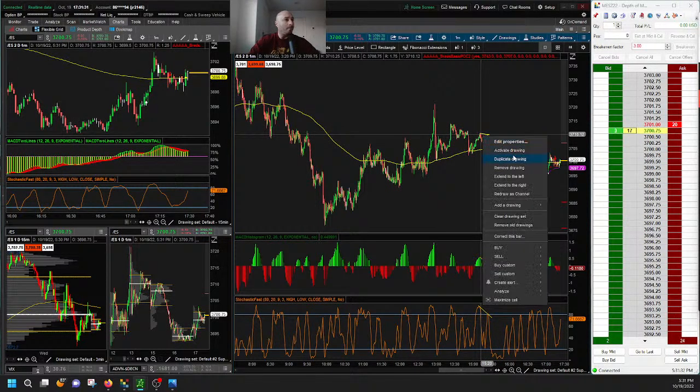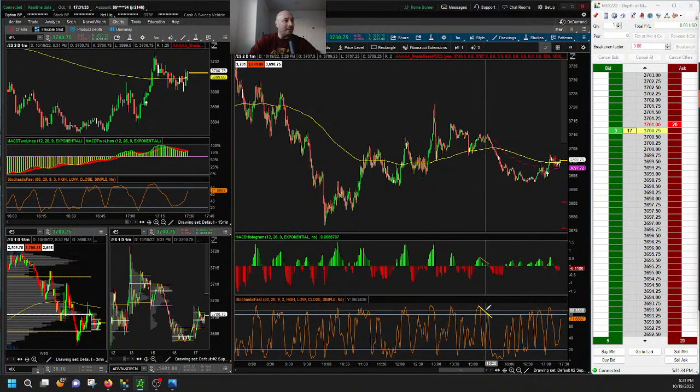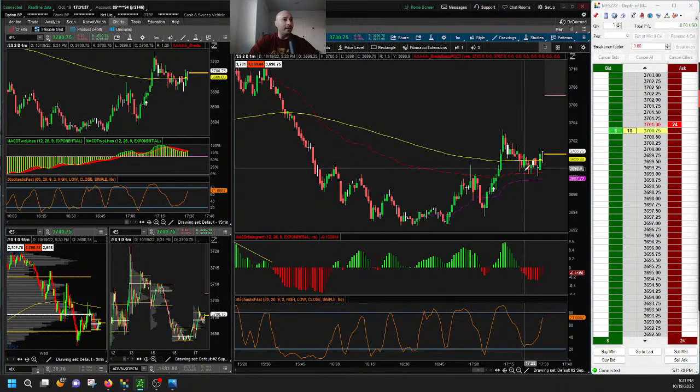Here, there's really nothing. There is a divergence, if we want to call it that. Right here we see a little bit of a divergence from here to here. But we really don't see a divergence here because this is working correctly. So it's not all saying up, but I will say there is definitely a bull flag going on right here.